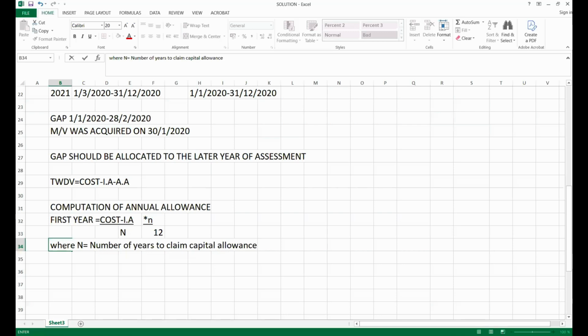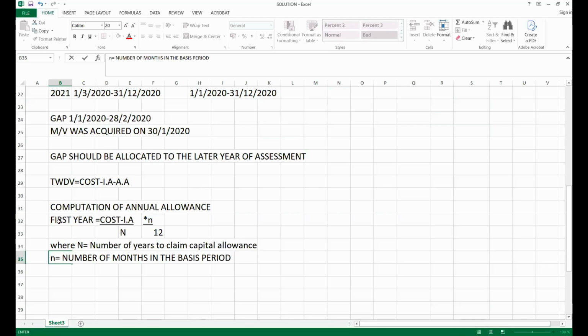Number of years to claim capital allowance. And our small n is equal to number of months in the basis period.